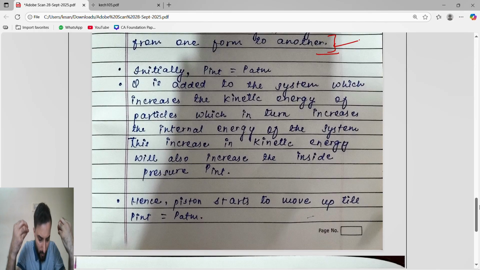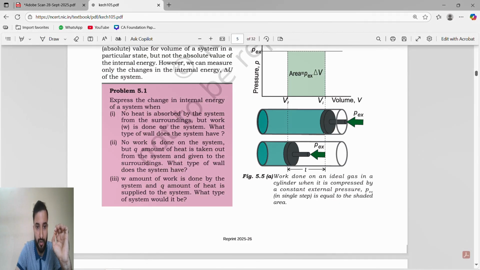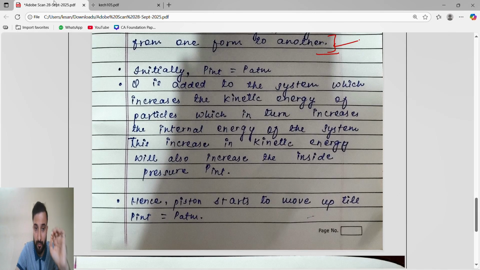Otherwise, you can memorize the formula. What is the formula? Delta U equals Q minus W. But we will understand this concept, because based upon this concept they have asked the question, and even in JEE, NEET, CET, everywhere they are asking questions on it. To understand this concept is very important.